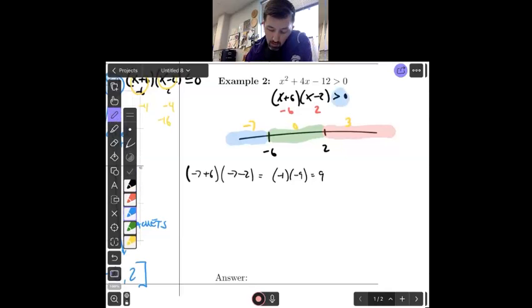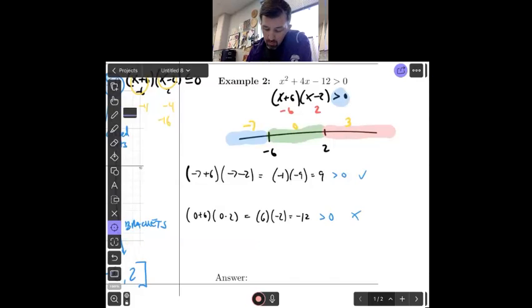They said, is it greater than 0? Yes. Do that with the next test value. 0 plus 6 times 0 minus 2 is 6 times -2, which is -12. And they said that's supposed to be greater than 0, which it's not.